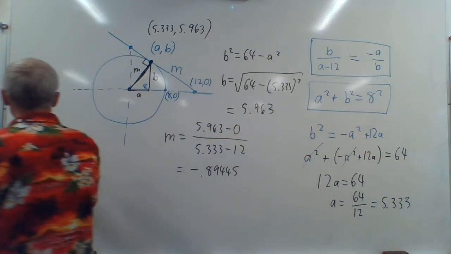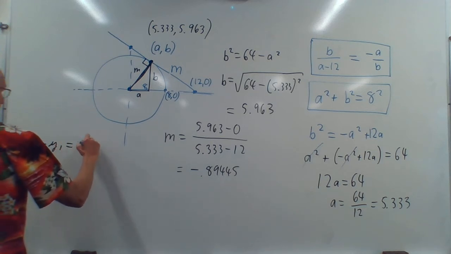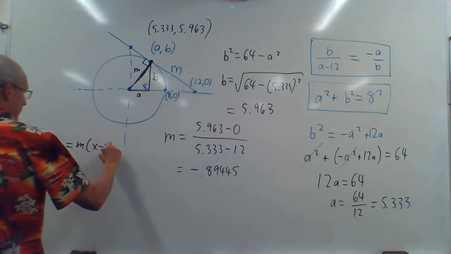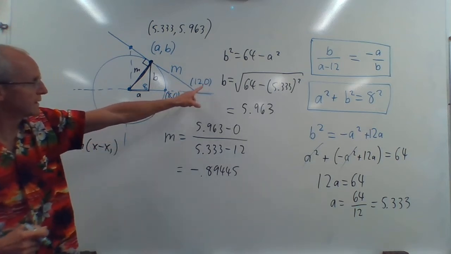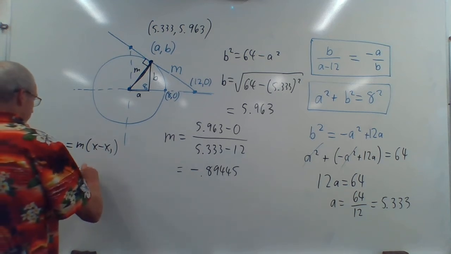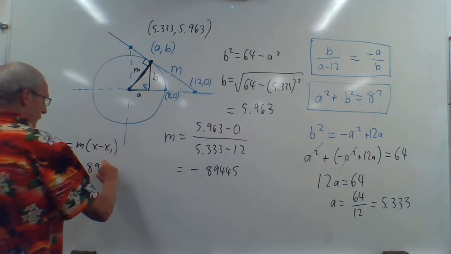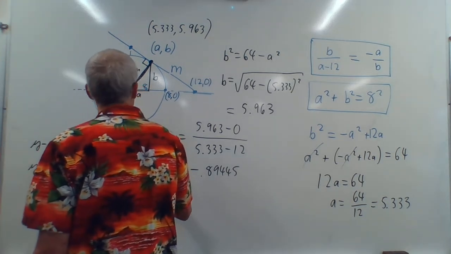So finally, we go y minus y1 equals m times x minus x1. Always use the easy point, 12, 0. This is our y1. This is our x1. So y minus 0 equals that variable number, negative 0.89445 times x minus 12.